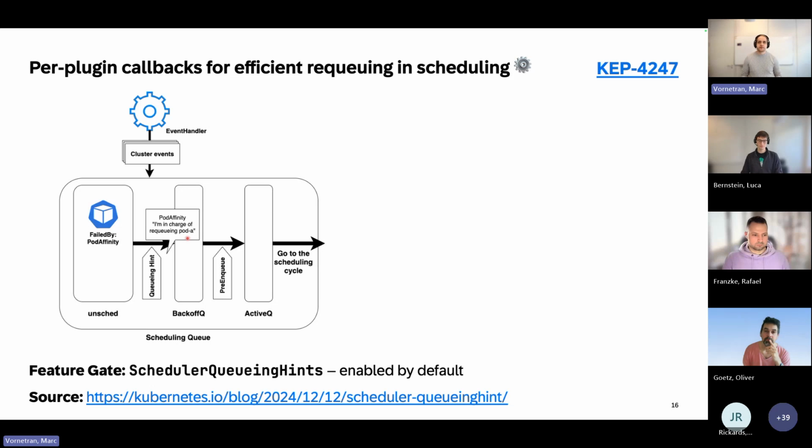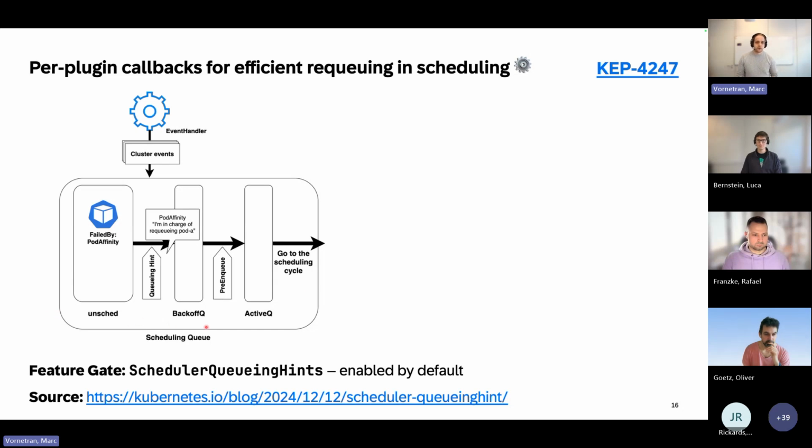Another improvement is in the scheduler. So this is not directly a user-facing feature, but since the main KPI of the scheduler is the throughput, especially in clusters where you have a lot of churn or maybe a lot of pods running, it's important that the scheduler works efficiently. And without going too deep in here, let's just take a look at the graphic that we reused from the blog post here.